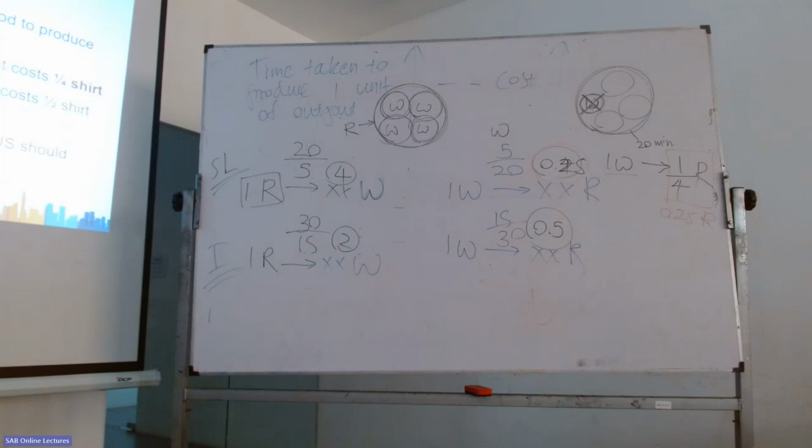So you can expect a question in this area in the final exam. First, you will have to check the absolute advantage. Most probably, I will give an example like this, where one single country has the absolute advantage in producing both commodities. And then I will ask you to compare the opportunity cost and find which country has the comparative advantage. That kind of question can come in the final exam.